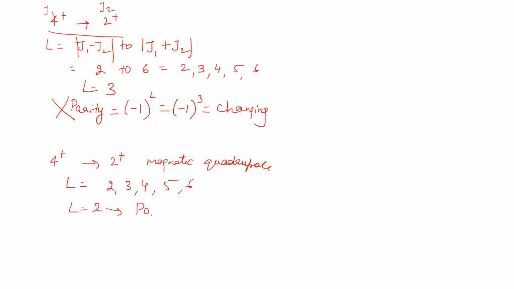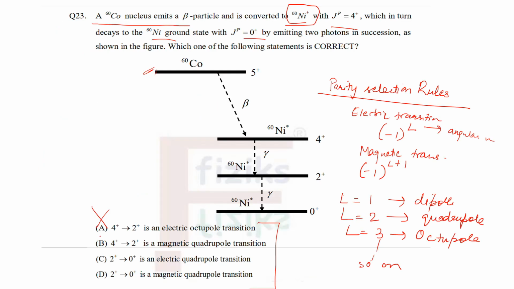Now parity will be minus 1 raised to the power L plus 1, because in a magnetic transition parity is minus 1 raised to the power L plus 1, and for electric it is minus 1 raised to the power L. So 2 plus 1 gives minus 1, that means parity is odd, but in the question it is not changing. So this statement is also wrong.